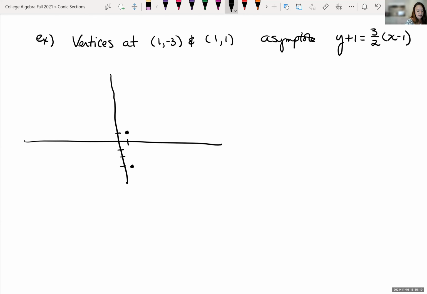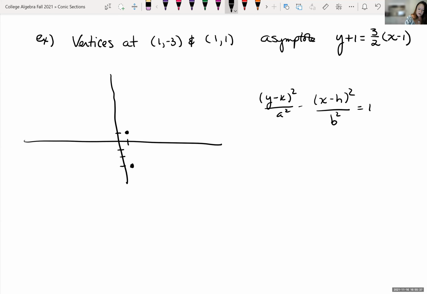Okay, so again, these vertices of the transverse axis tell me that this is facing up and down. And so it's the y value that's positive: y minus k quantity squared all over a squared minus x minus h quantity squared all over b squared is equal to 1.